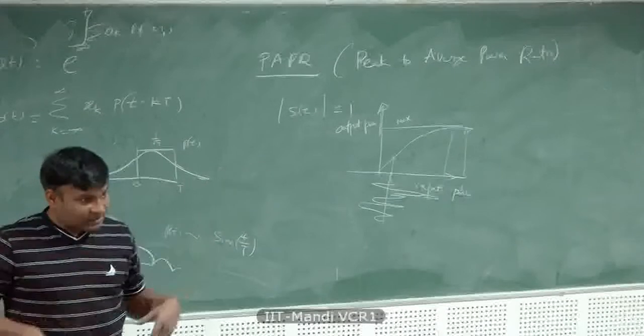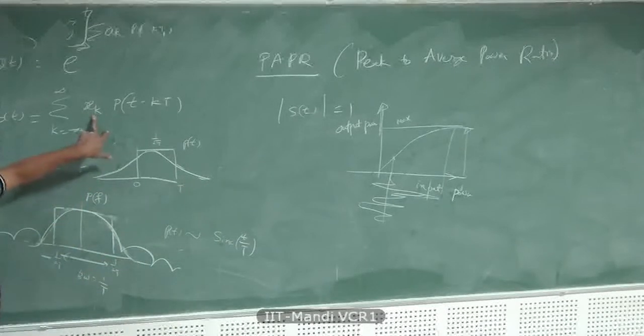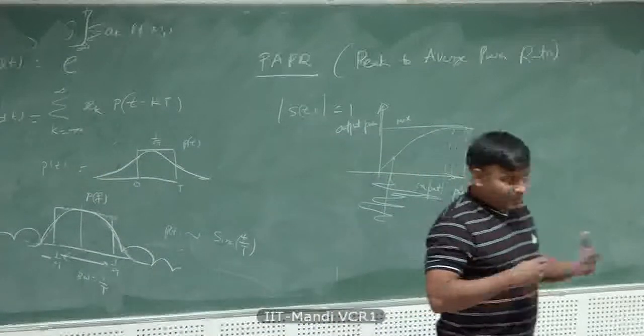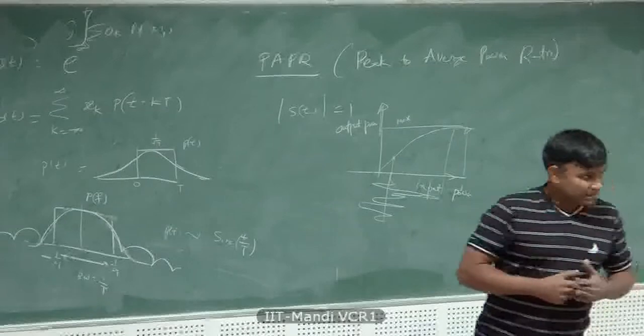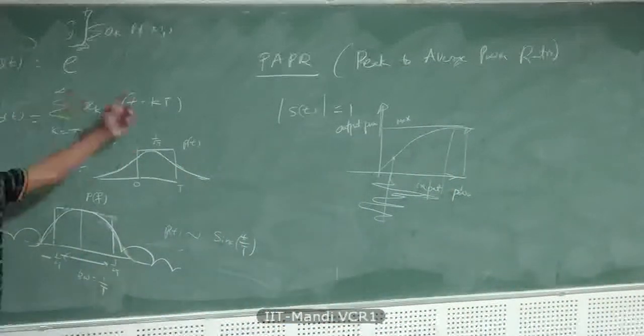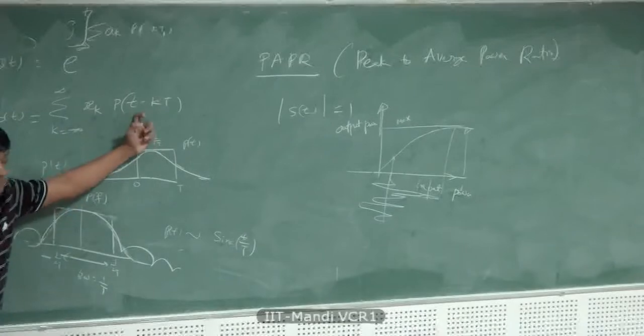So depending on these constellation points, 64 QAM has a lot of points in a square grid, so the peak and average will be different. So the PAPR will increase depending on X k and also depending on p of t.